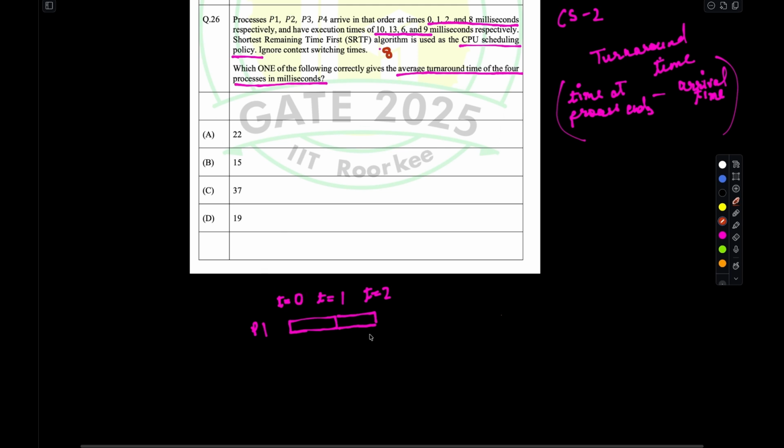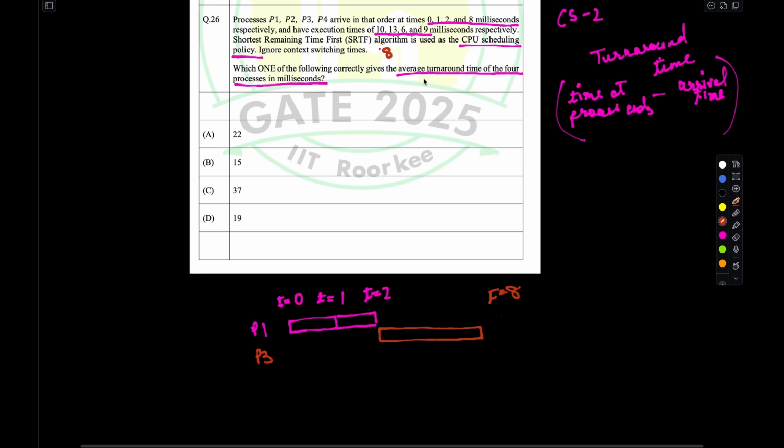So we will give the CPU to P3 from t equals 2 to t equals 8 because it is 6 seconds, and the next process arrives at t equals 8. During this duration, we are not giving the CPU to any other process because P1 and P2 would have more remaining time. So at t equals 8, our P3 process would be over.